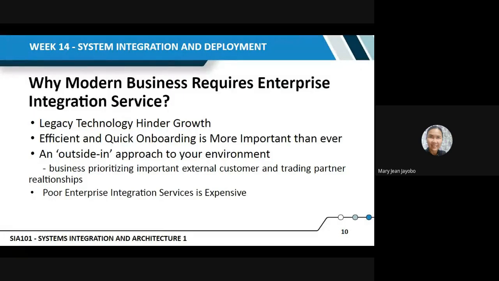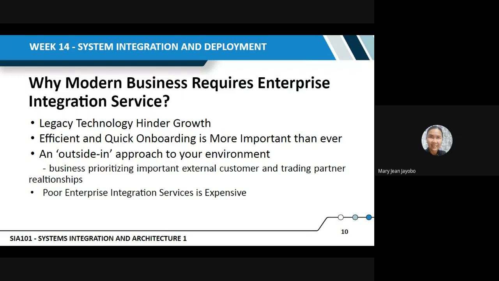Now, an outside in approach to your environment is business prioritizing important external customer and trading partner relationships. Another reason that companies are prioritizing choosing the right enterprise integration service is that the ways that IT environments have been structured are no longer efficient or conducive to doing business in 2021. Now, the remedy for that is an approach to create and support end-to-end business flows from the outside in, no, yung papasok, from mula sa labas papasok.